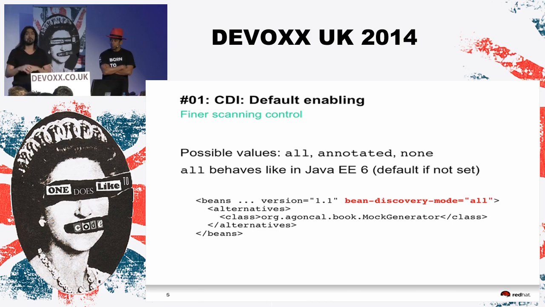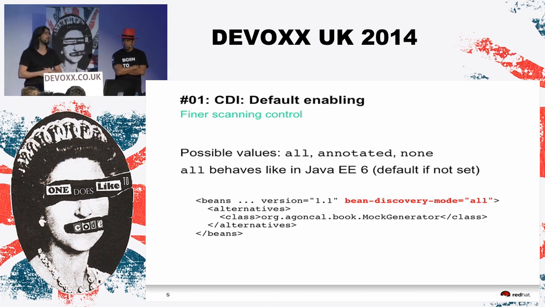If you want the good old feature of 1.0, well, just put a beans.xml in your classpath. And then you can play with the bean-discovery-mode. You can say, discover all the beans, discover just the annotated beans, or none. So that's something new in 1.1.